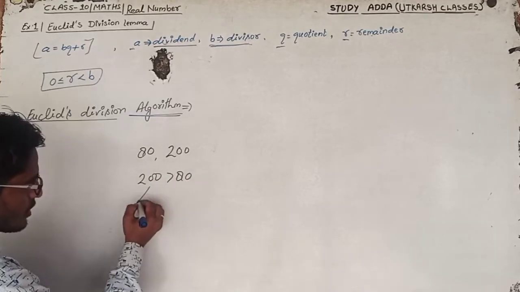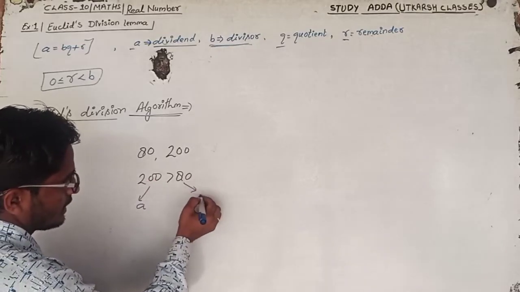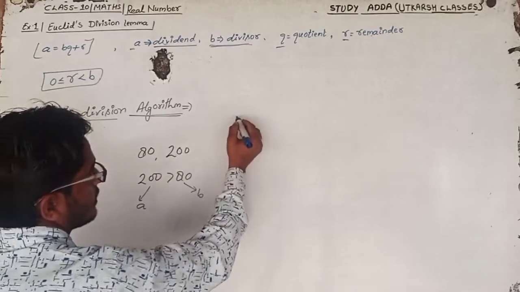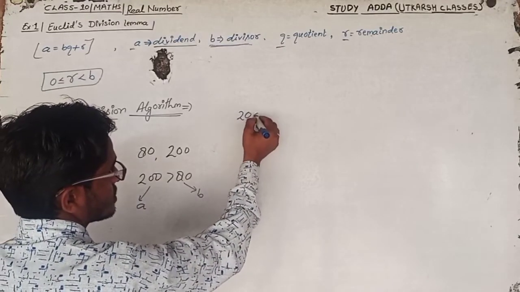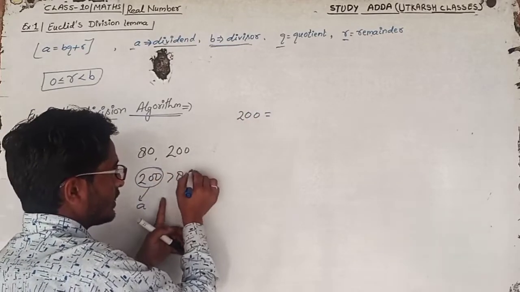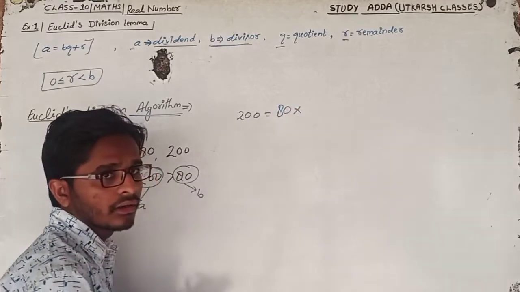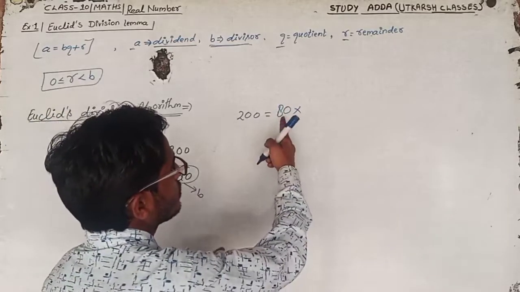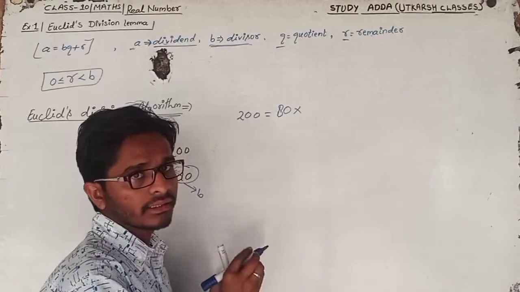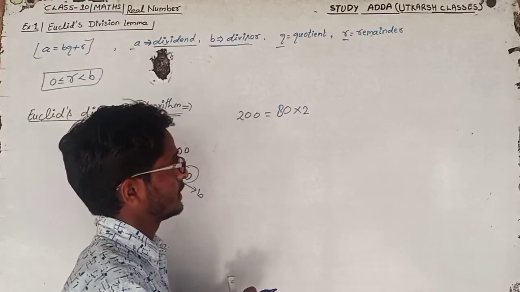Now we consider 200 as A and 80 as B. First step, we divide 200 by 80. We know 2 times 80 is less than 200 and 3 times 80 is greater, so we take the lesser number.